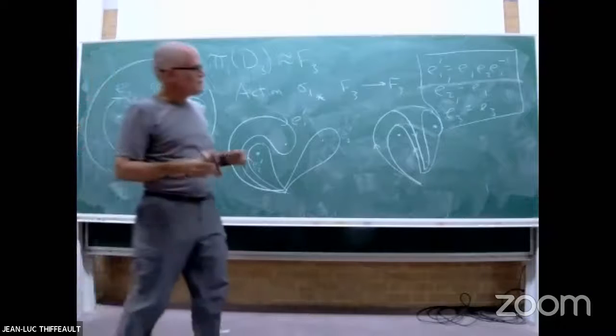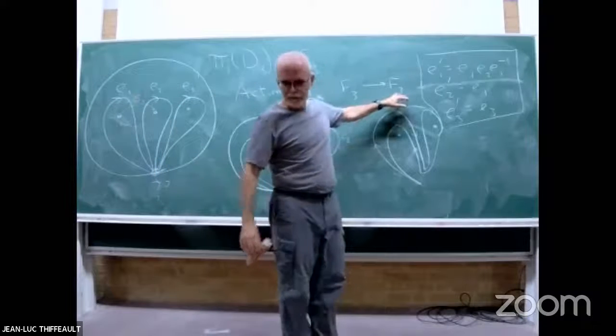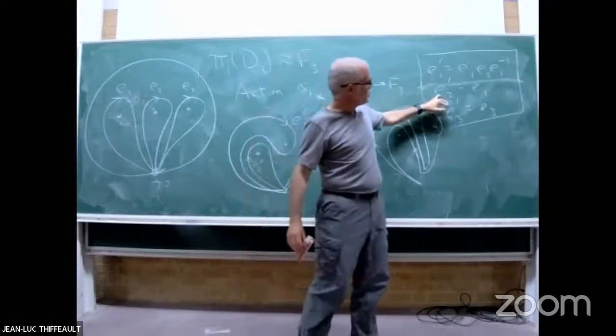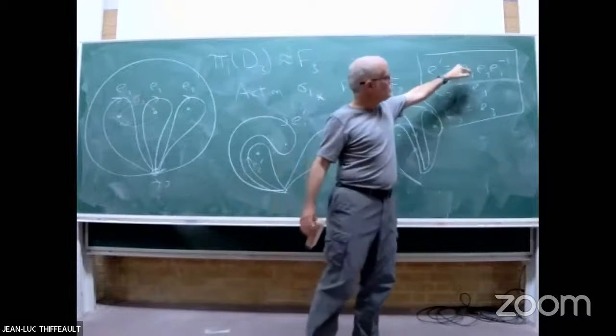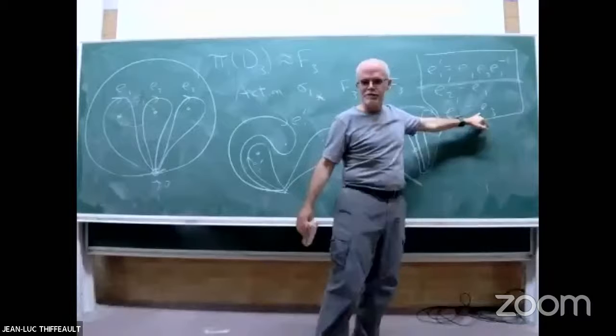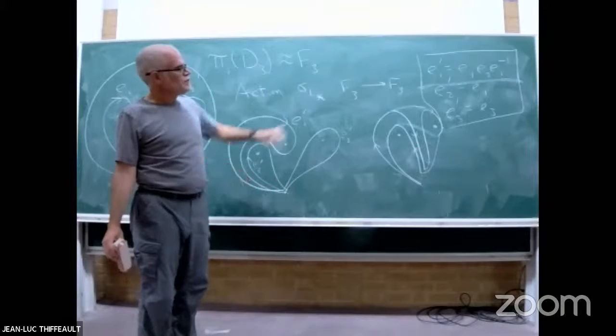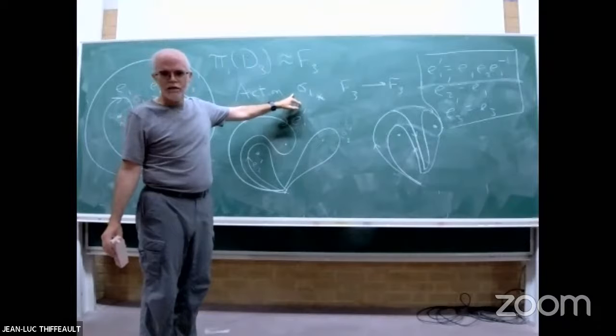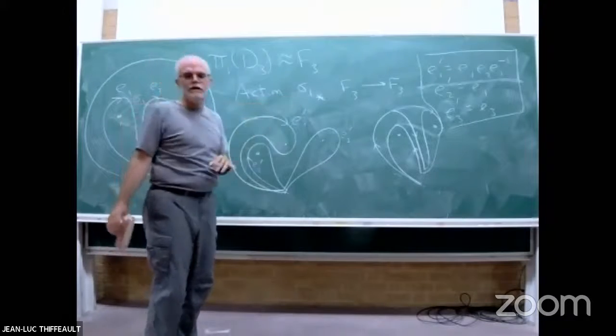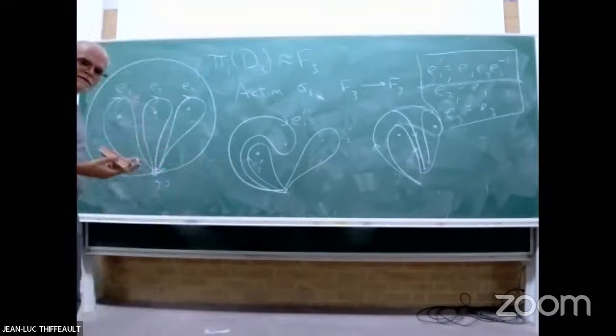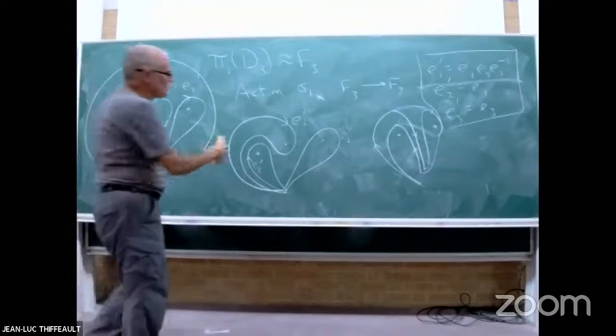So notice that this is a map from F3 to F3, because if I give you E1, E2, E3, their images are these elements of the free group. And so therefore this defines sigma 1 star.